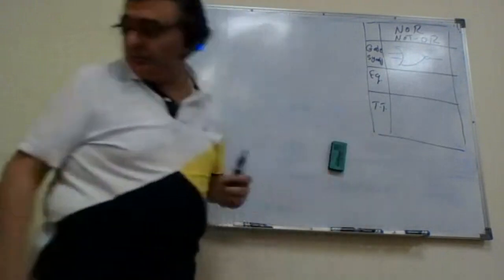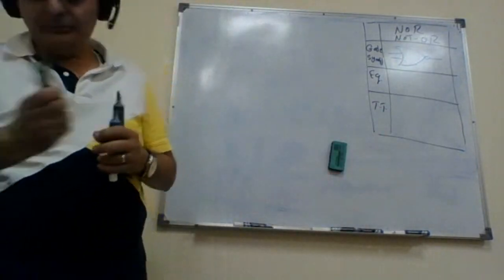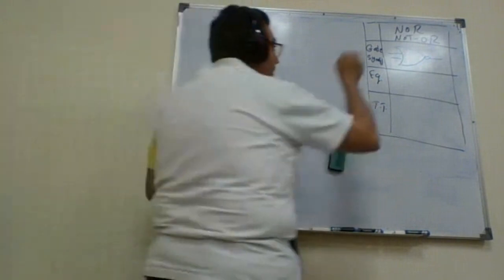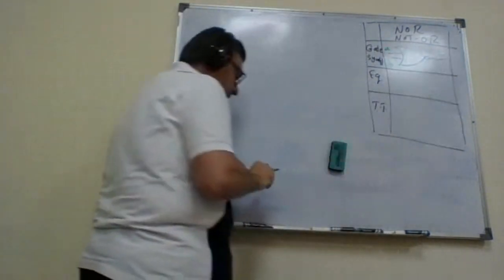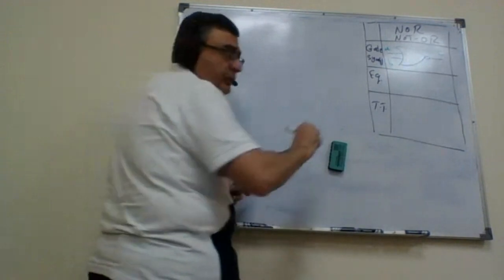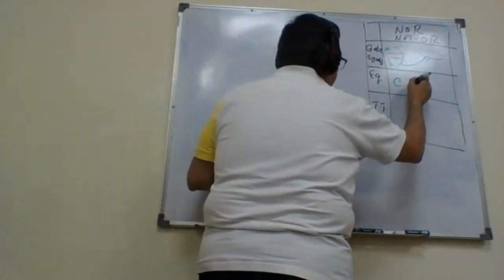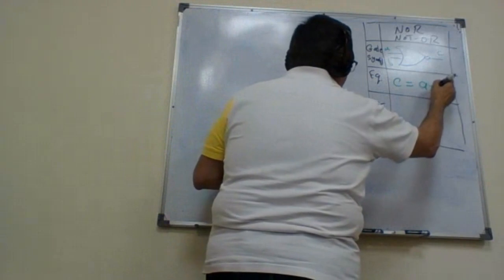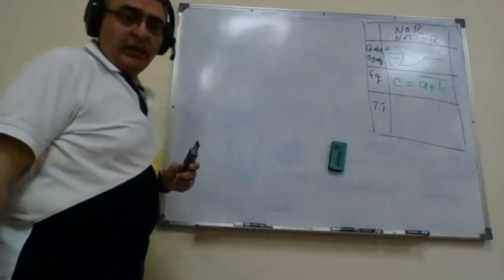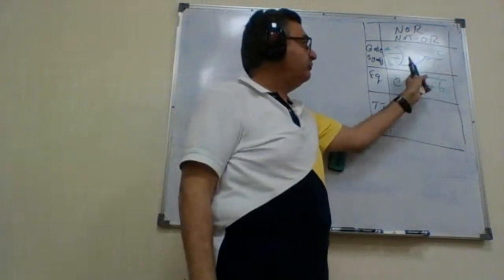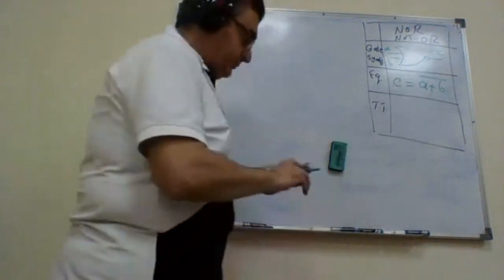If I have input A, input B, the output will be C. I can represent this gate as C equals A or B, the whole thing bar, as if I have an OR gate followed by an inverter.